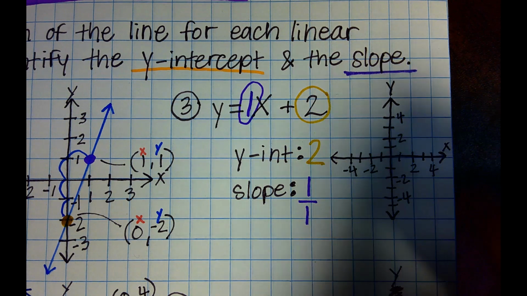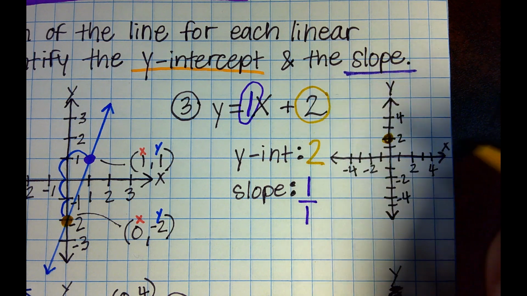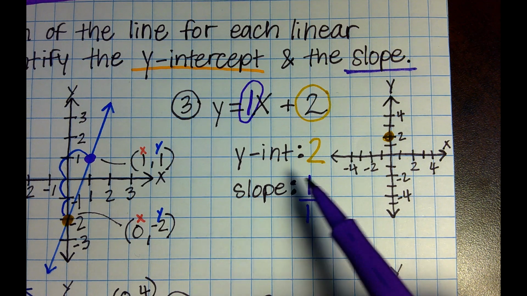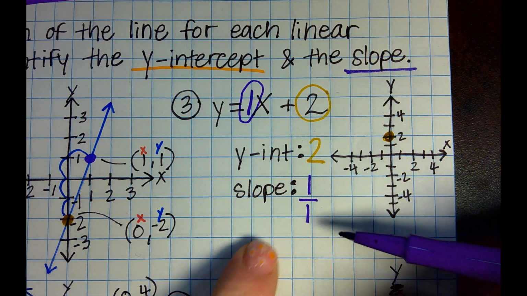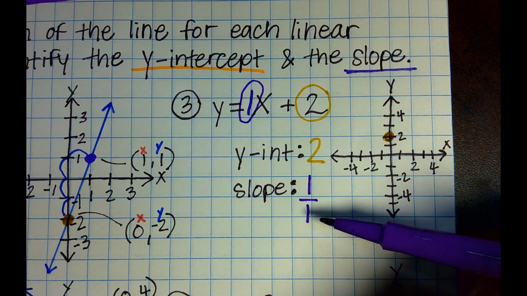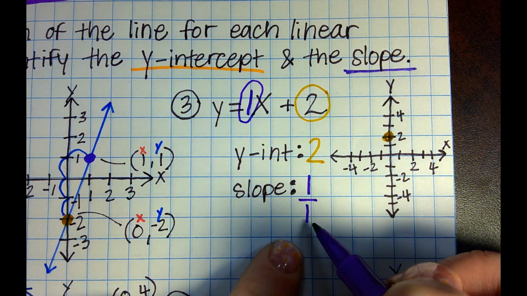So where is my first point? 2, +2 on the y-axis. Okay. And where should I go from there? Up 1 over 3. Up 1 over how many? 3. So where'd you get the 3 from? That's okay. So our slope is 1 over 1.